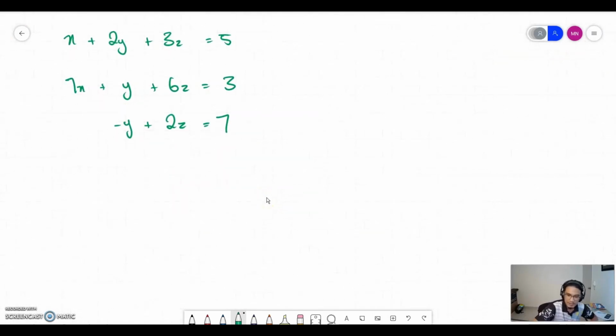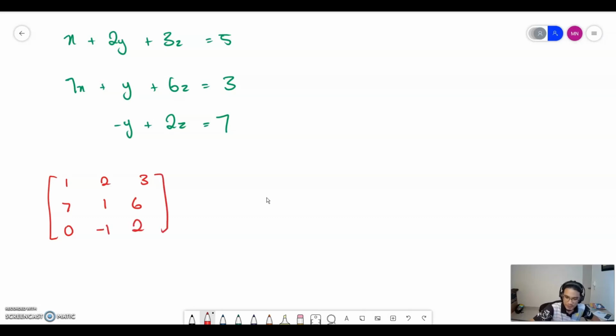Okay, so now let's take this example of three linear equations, and we want to solve them by using a matrix. Firstly we have to transform these equations into the form of AX equal to B. For matrix A, we take all of the coefficients: 1, 2, 3, 7, 1, 6, 0, -1, and 2.